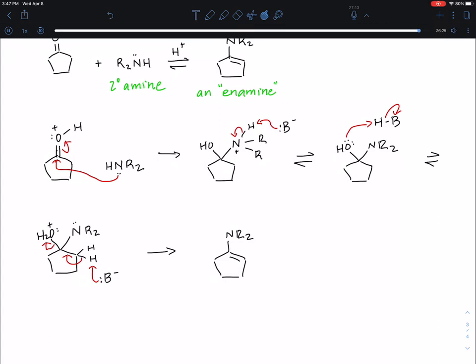And then the enamine is really easy to spot. The enamine is just that double bond, and then the carbon is singly bonded to a nitrogen with a couple of R groups. So that you get that when you use a secondary amine and react it with either a ketone or an aldehyde. I am going to prepare a lecture for oxygen-containing nucleophiles.